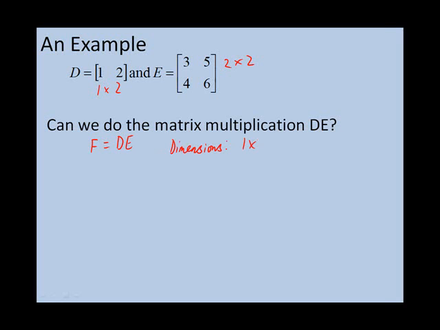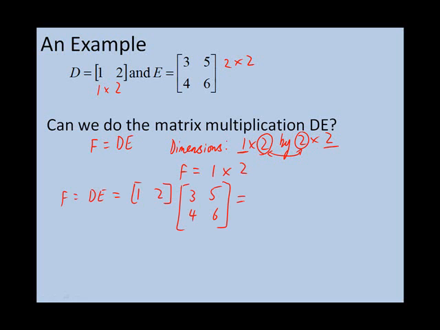D is 1 by 2, and that's going to be multiplied by E, which is a 2 by 2. We can do this multiplication because the number of columns in matrix D is equal to the number of rows in matrix E. The dimensions of F is going to be a 1 by 2 matrix.